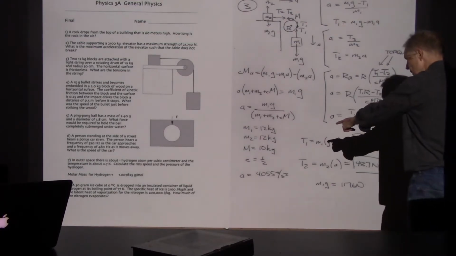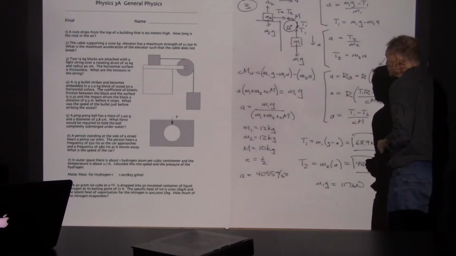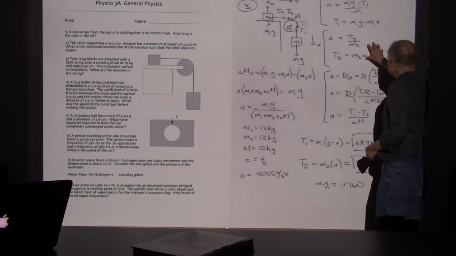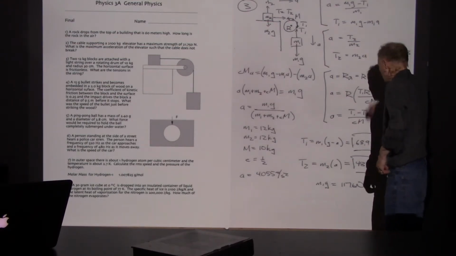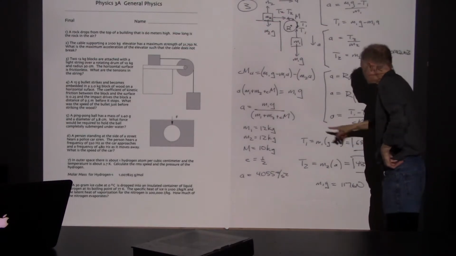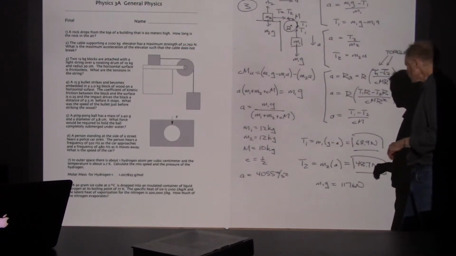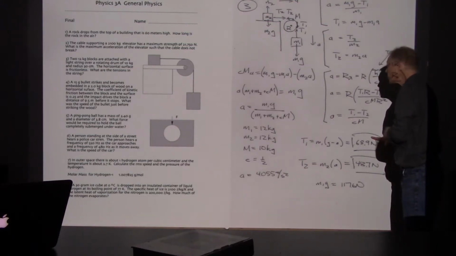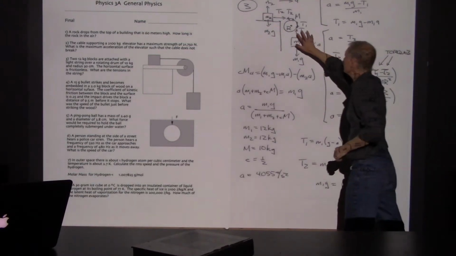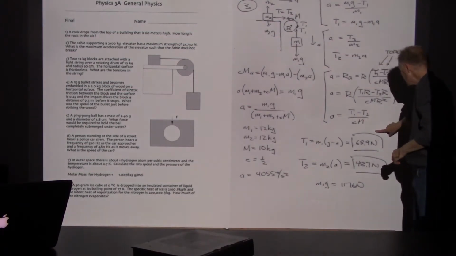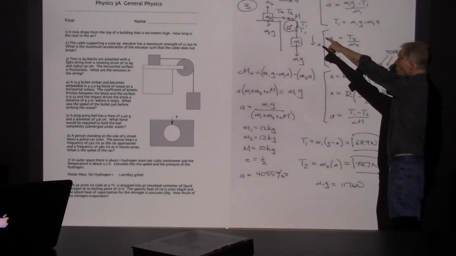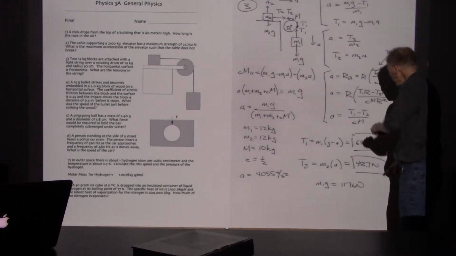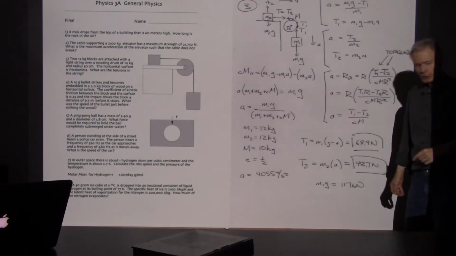Once we've got the acceleration figured out, that was the missing piece, now we can go back and solve for T1 and T2. So going back to T1 and T2 and using these formulas, I'm getting tension in this region of the cable is 68.9 newtons. The tension up in that upper part of the cable, 48.7 newtons.